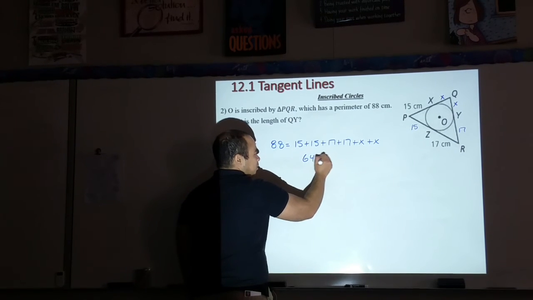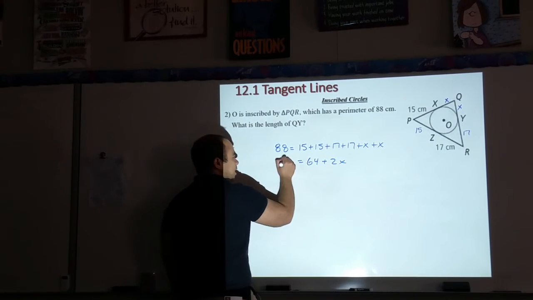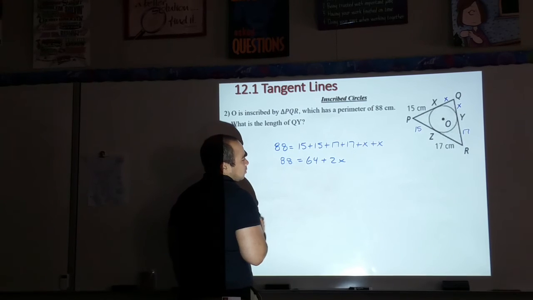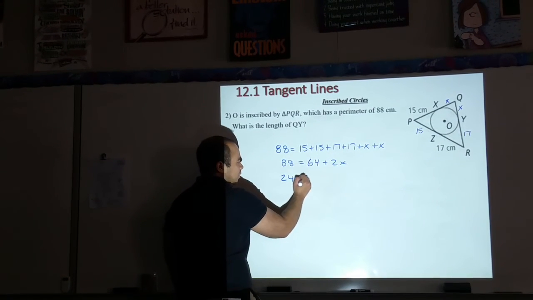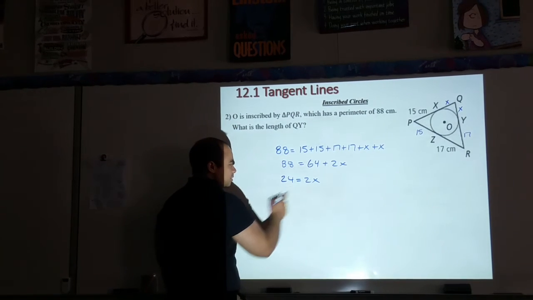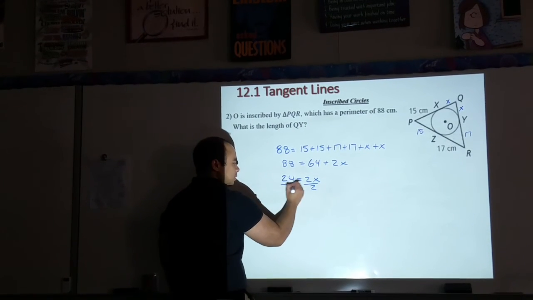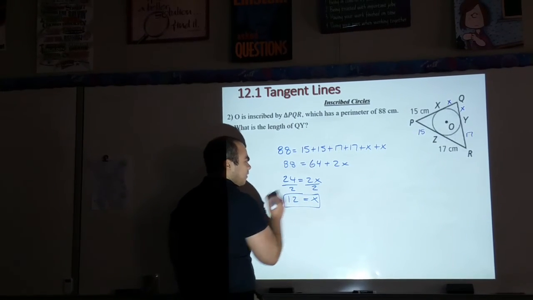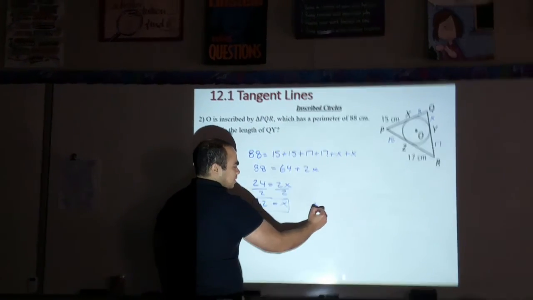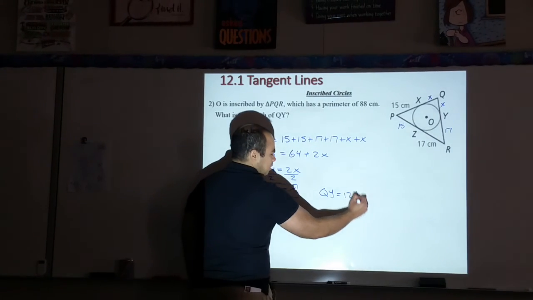So we've got 64 plus 2x equals 88. We'll subtract 64 from both sides. We're going to get 24 equals 2x. Divide both sides by 2, and you get x equals 12. So if x equals 12, that means QY also equals 12.